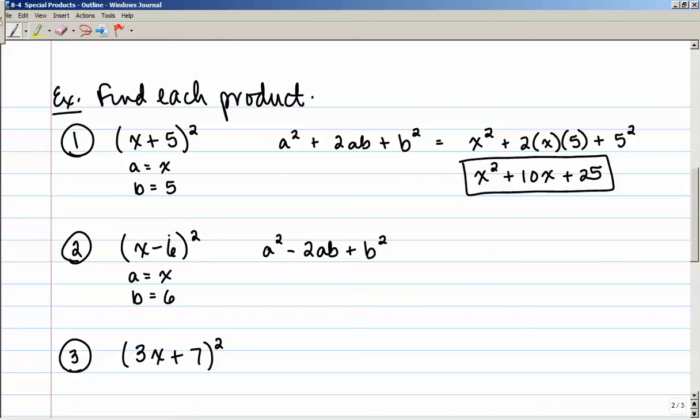So b is whatever is being subtracted from x. So let's fill these in. A squared is going to give me x squared minus 2 times my a times my b plus b squared. And simplifying that, I have x squared minus 12x plus 36.